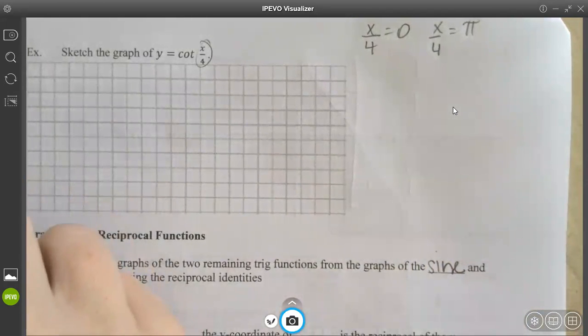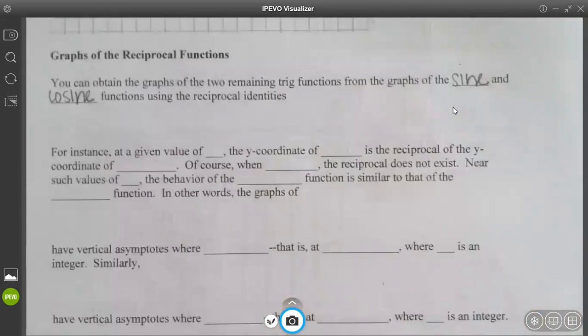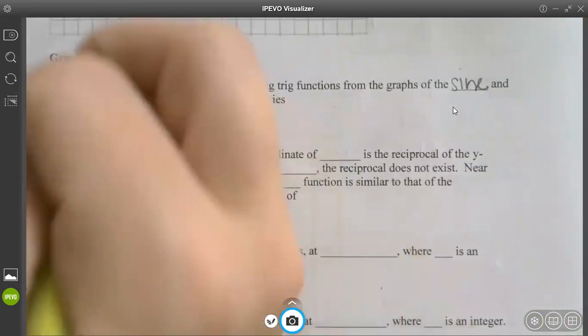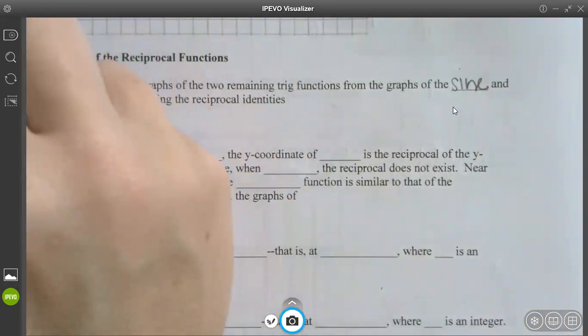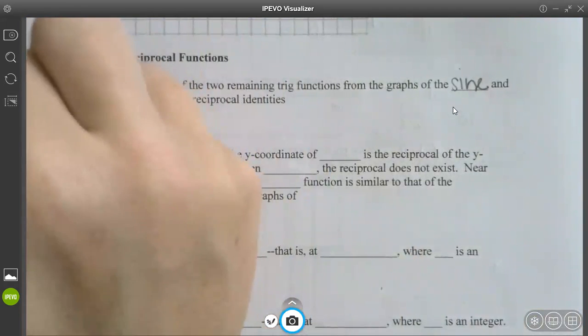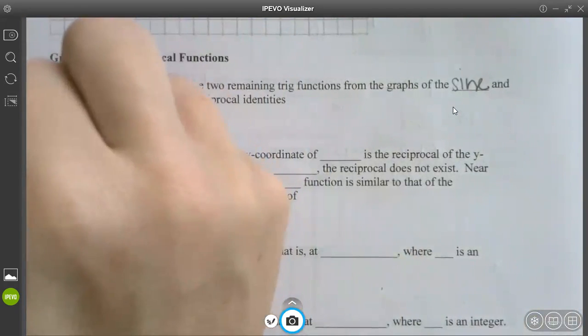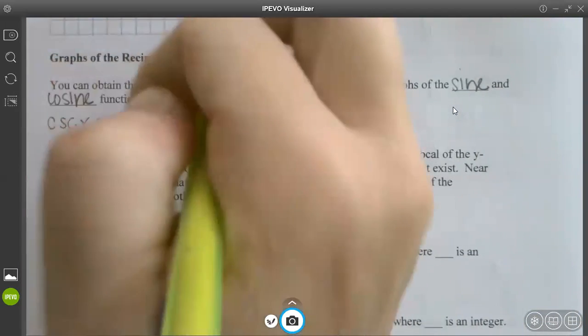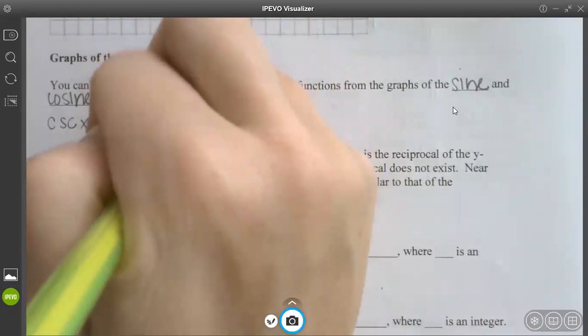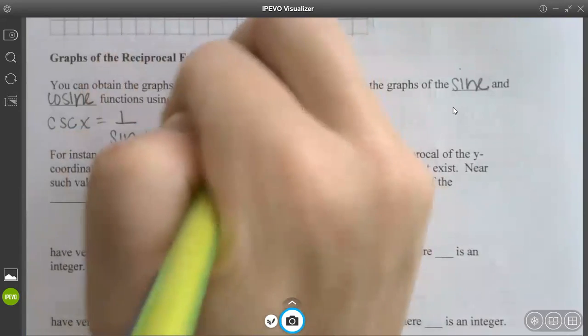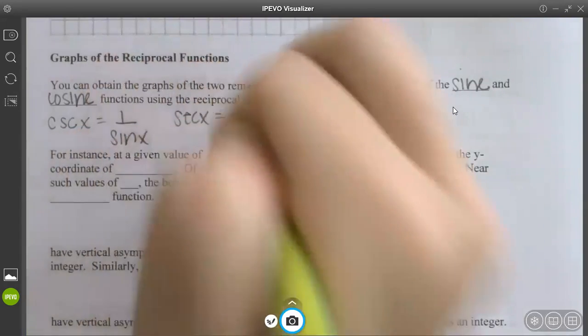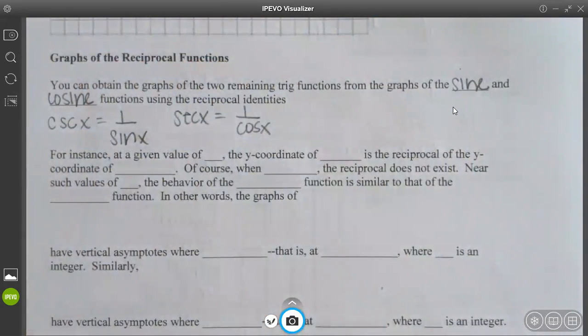and cosine functions using reciprocal identities. Cosecant x is 1/sine x, and secant x is 1/cosine x.